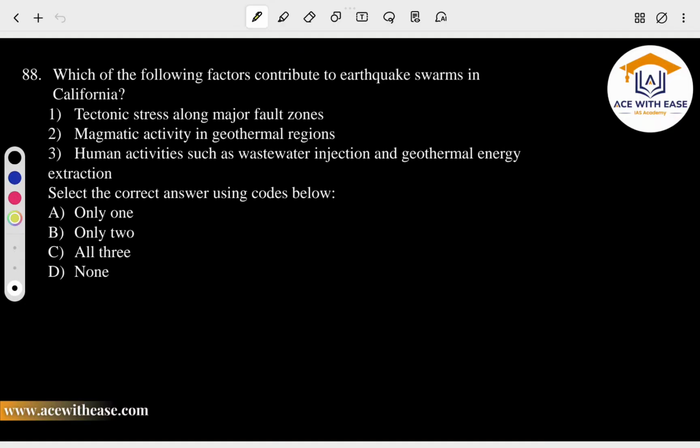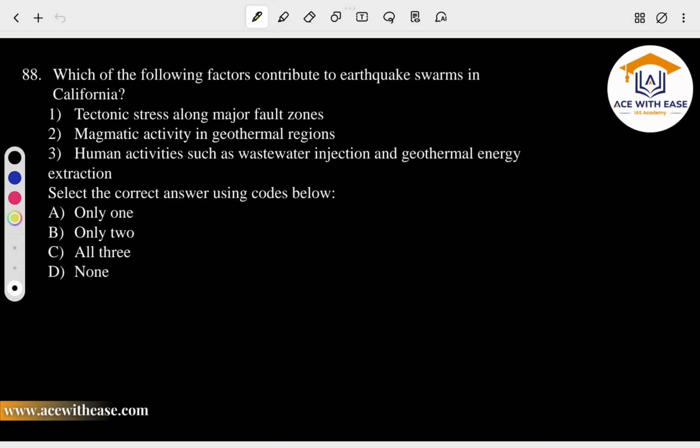88th, which of the following factors contribute to the earthquake swarms in California? Recently we have the Californian forest fire, and recently we have the Thailand, Myanmar earthquakes. So better read about earthquake topics.